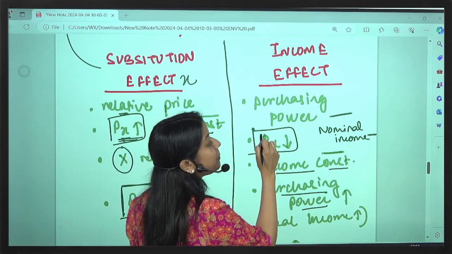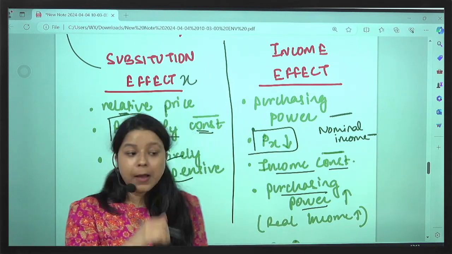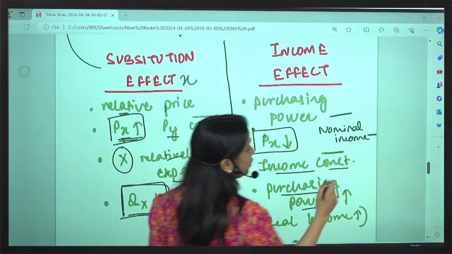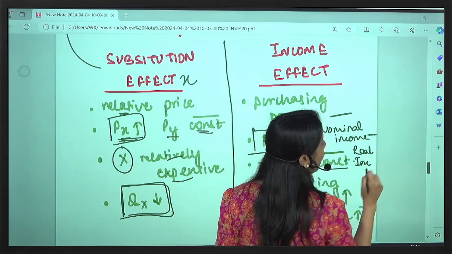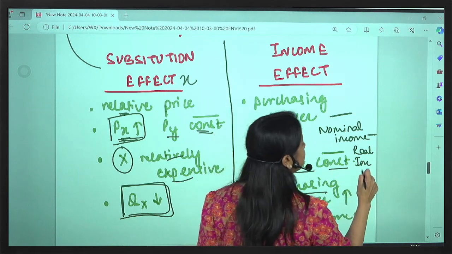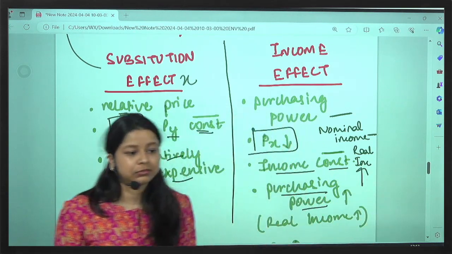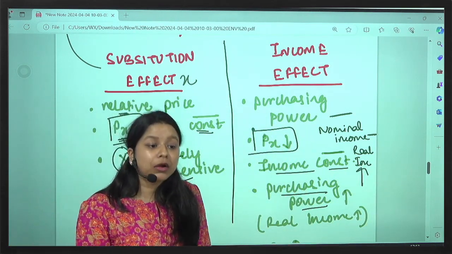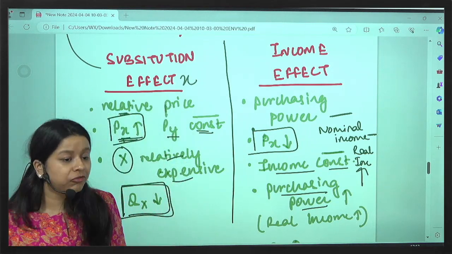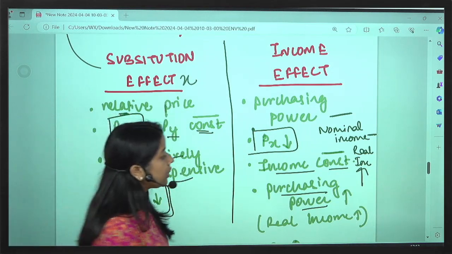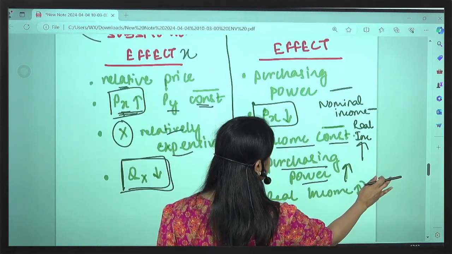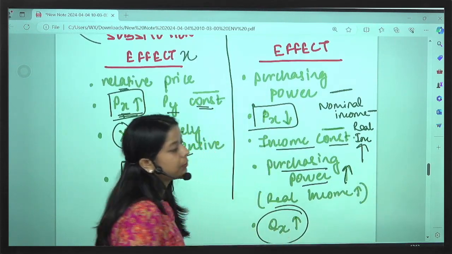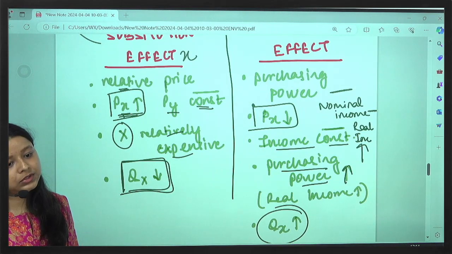But because the price has gone down, I will say that my real income or my purchasing power will increase because I'm able to buy more mangoes at my given income of 50,000, right? So my purchasing power goes up, and so I will demand more goods.